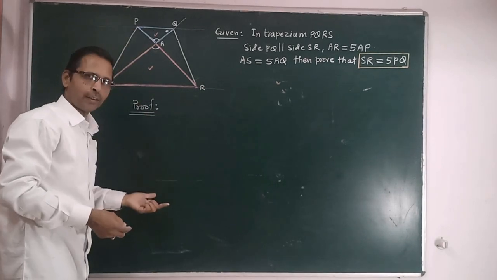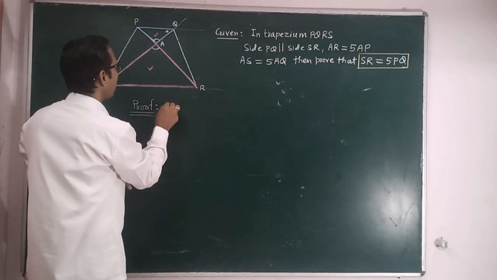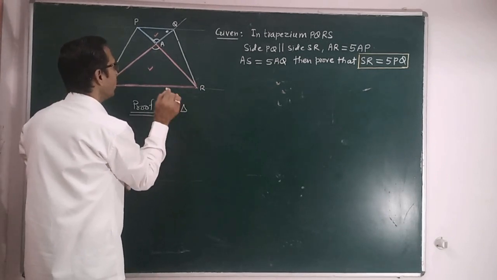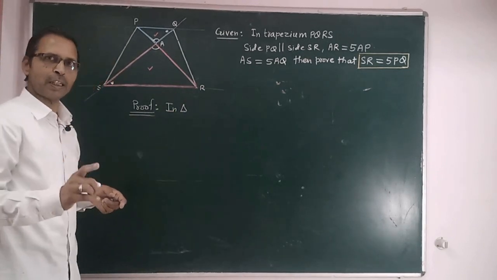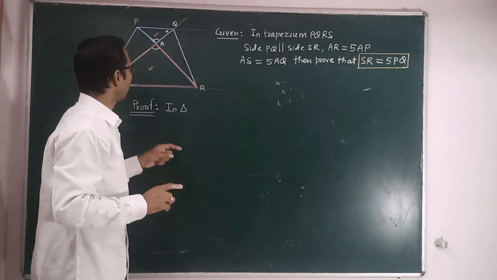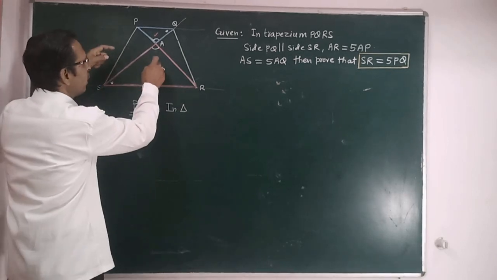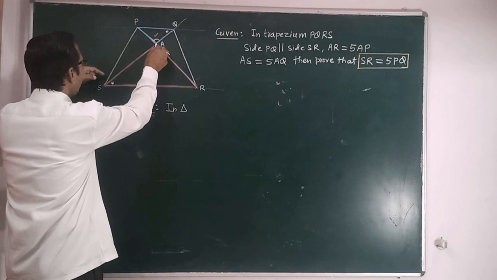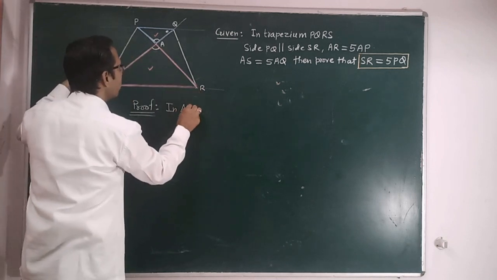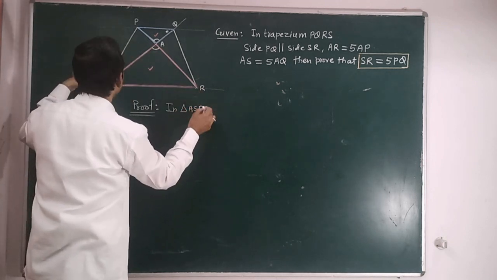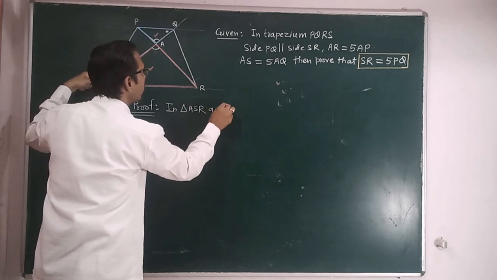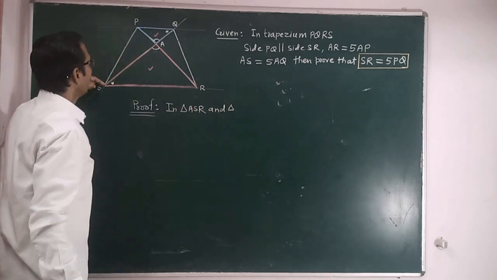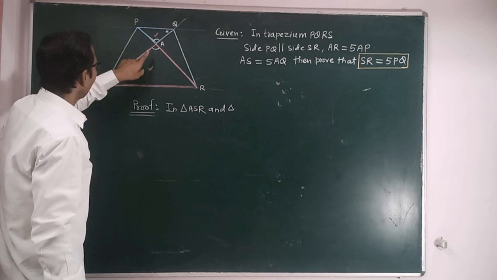Now let us write. How to write this? In triangle, write the names of the triangles with one-to-one correspondence. Take the names of the triangles: ASR, and the second triangle, how do we write the name?